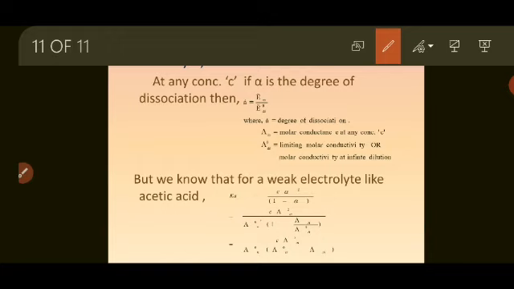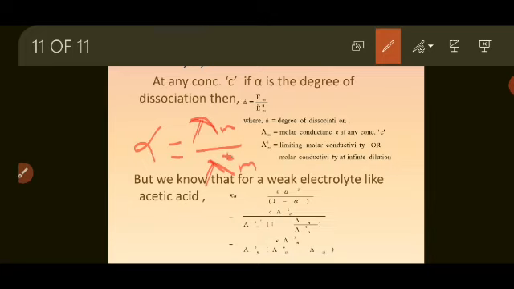The symbol should be like this: alpha is equal to lambda m divided by lambda naught m. It should be taken as lambda m and lambda naught m.